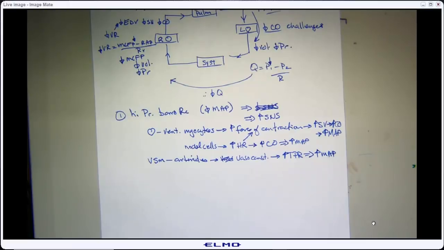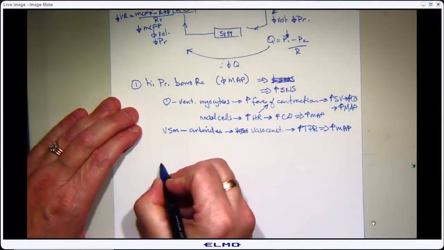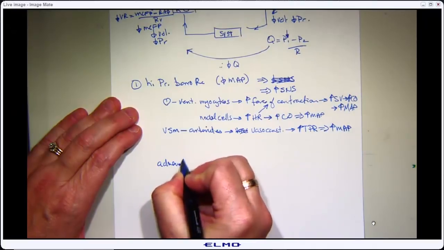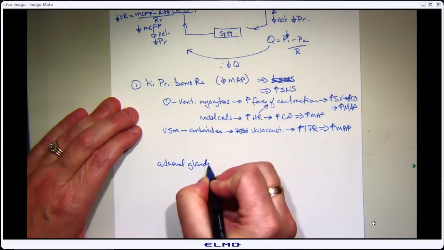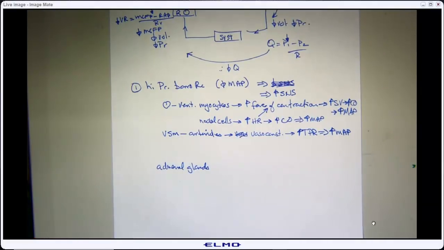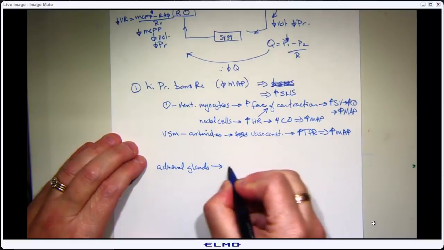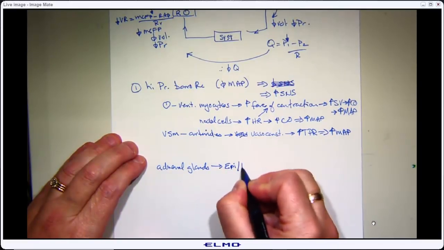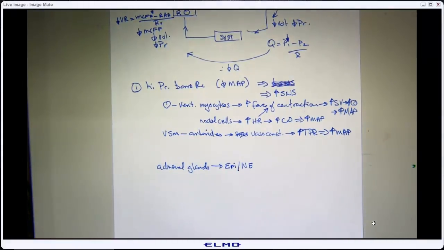Okay, so how else are we wired? What else is the sympathetic nervous system plugged into? Adrenal glands, perfect. What are we going to do there? Same thing as all the stuff above, right? So the adrenal glands, we're going to release epi and norepi, and it's going to support all of the things that we've already said, right?